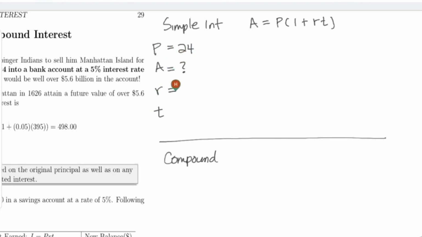The rate, let's fix it as 5%, which is reasonable. t is 395 years, because 1626 subtracted from the current year 2021 is about 395 years. So let's substitute: A equals 24 times (1 plus 0.05 times 395).